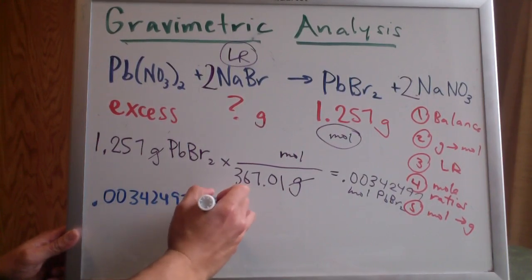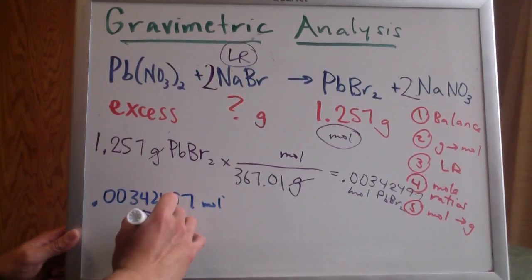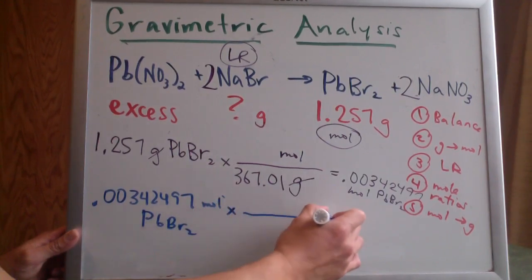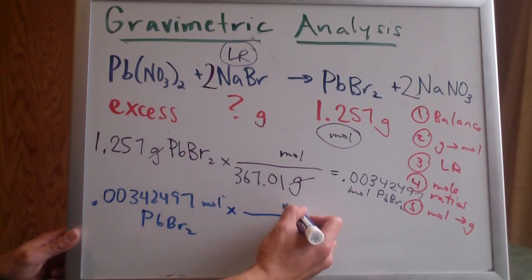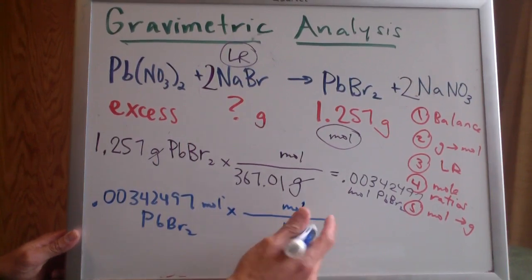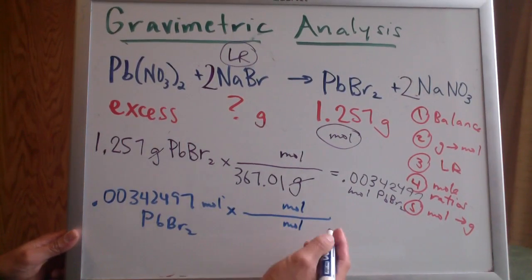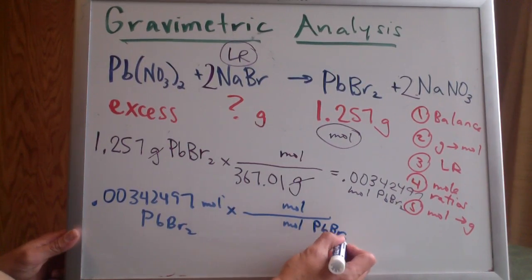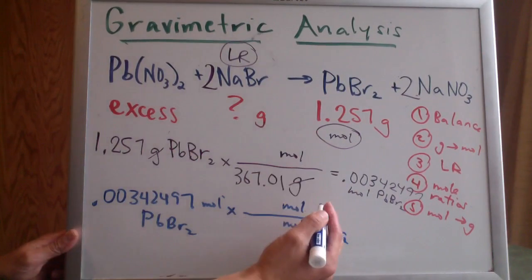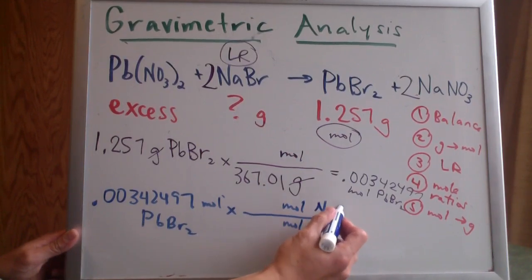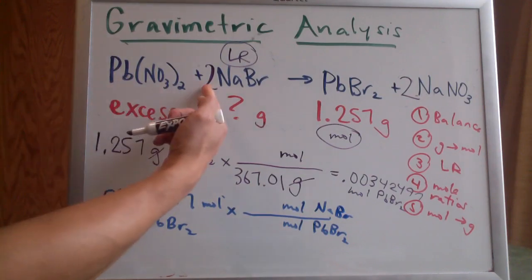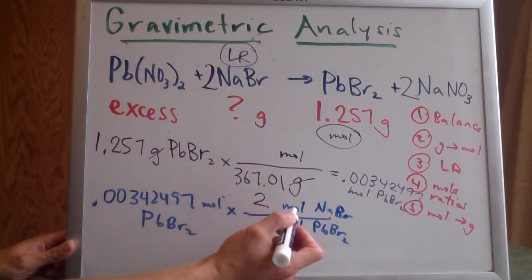So we'll take the 0.00342497 moles of PbBr2, and then we'll use our mole ratios. So we have moles on top, moles on the bottom. Since moles of PbBr2 is over here, we're going to put that on the bottom of our conversion factor. And then we want to get back to this reactant, so we'll put NaBr on top. Where do the numbers come from? They come from the coefficients, just like we did with stoichiometry. Since there's a 2 in front of the NaBr, we're going to put a 2 here.